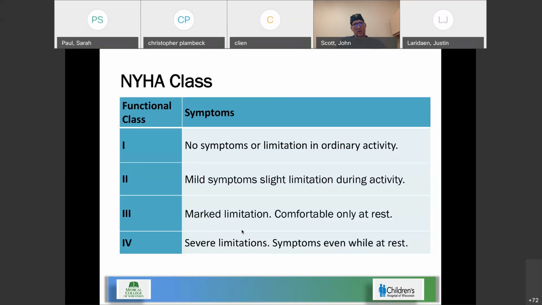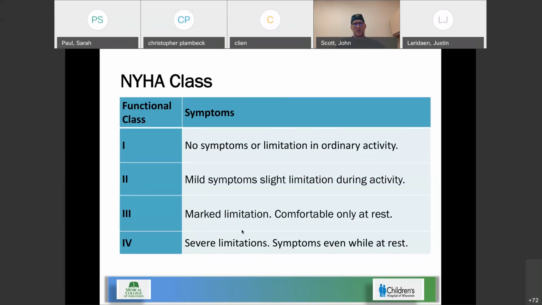In all age categories, it's important to consider what the functional status is, and this is a summary of the New York Heart Association functional status, which we include in our preoperative evaluation for all patients undergoing surgery at Children's. Functional class 1 is somebody who has no symptoms, no limitation at all.